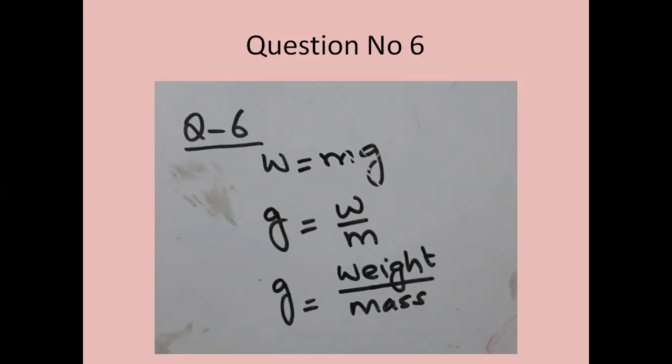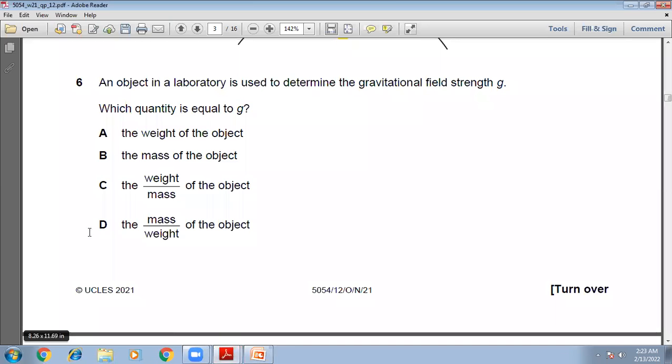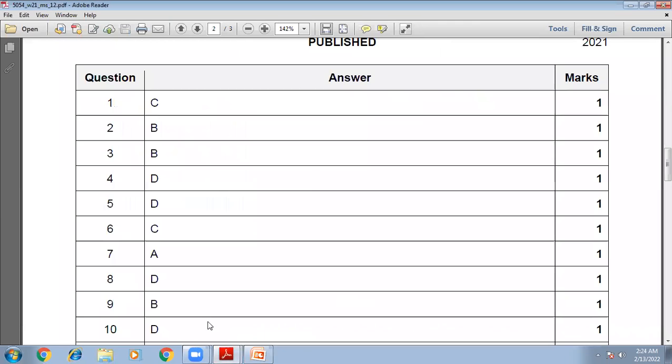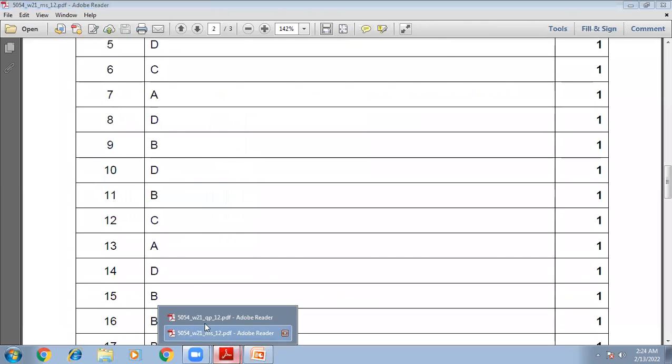So g is weight divided by mass. So I think C is the right answer. Question number 6, C is the right answer.